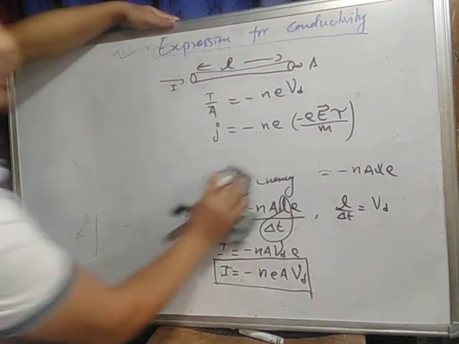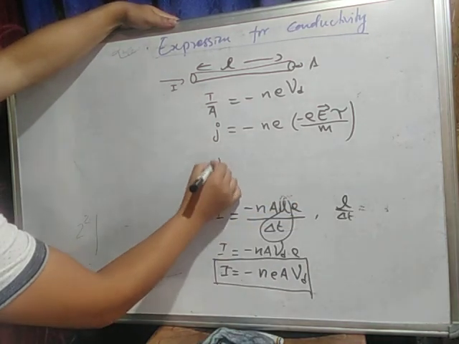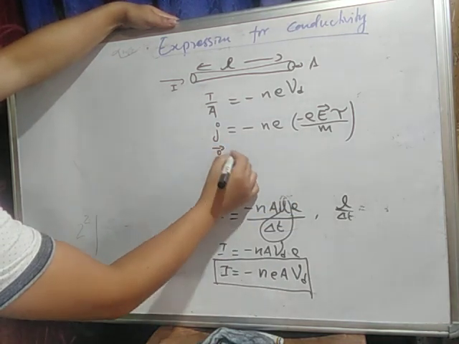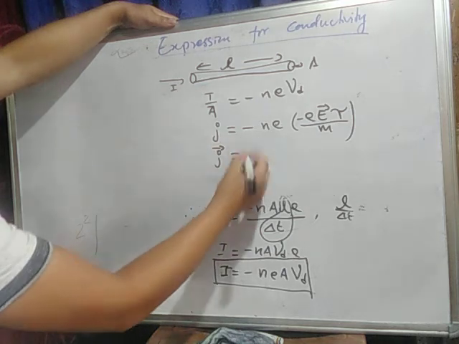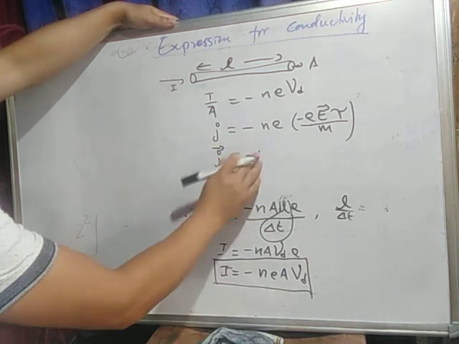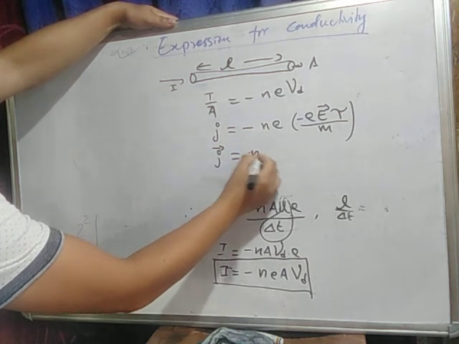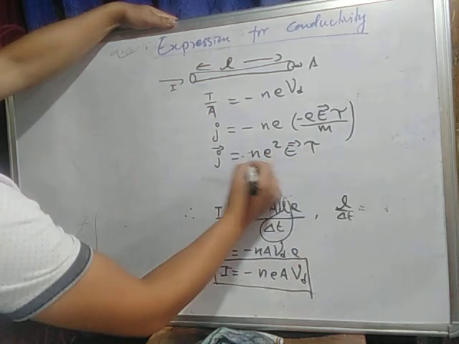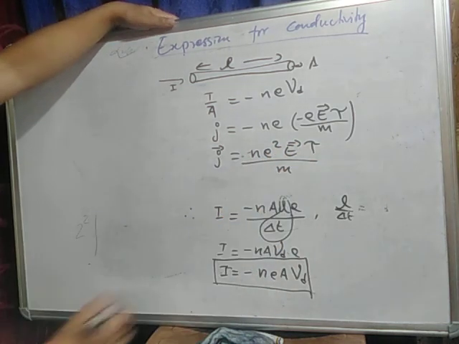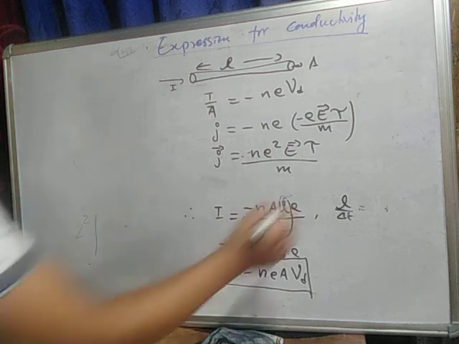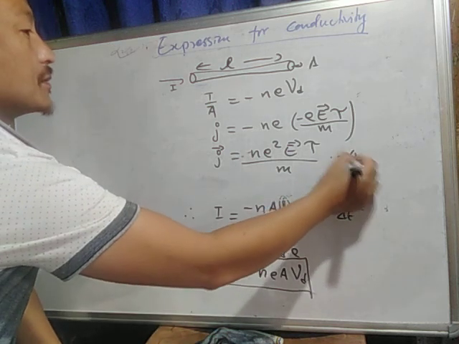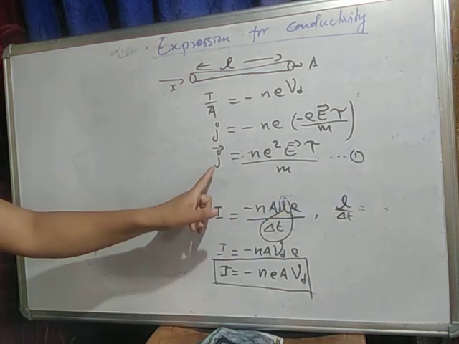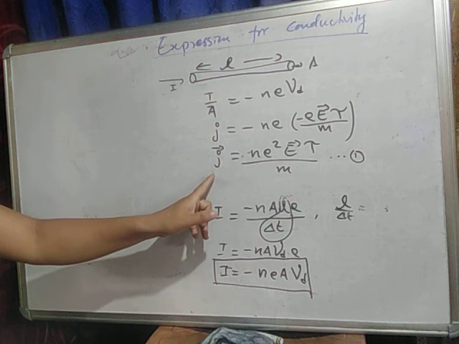So this becomes, J is our vector quantity, okay? So J equals plus n e squared E tau by m. Clear? So this is your first equation. This is what? Current density.